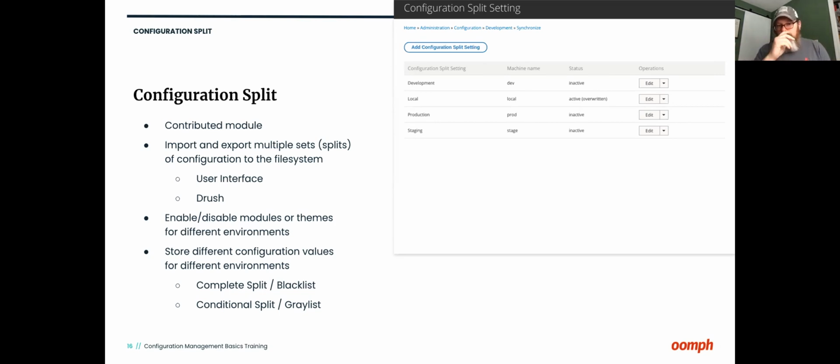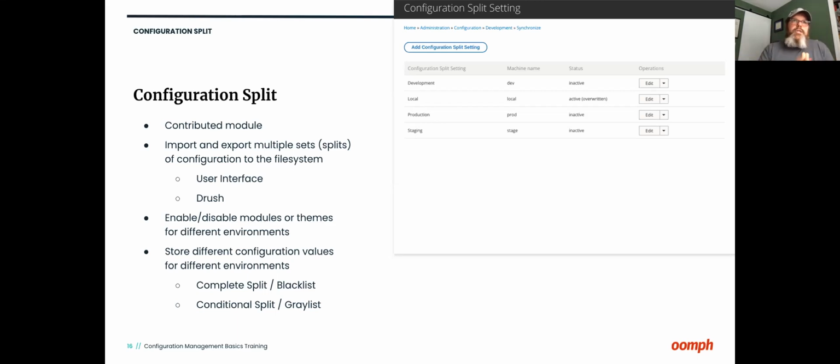So for example, if you wanted to use Views UI, actually, I think Laura before the call was talking about Views UI. You didn't want Views UI installed on your production environment. You could have your core common set of files that apply to all of your sites.